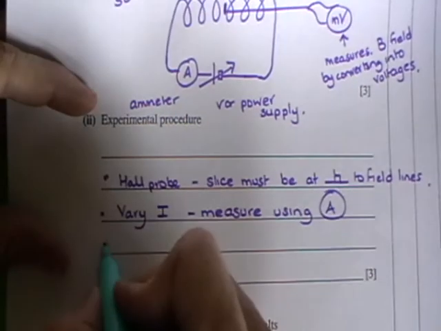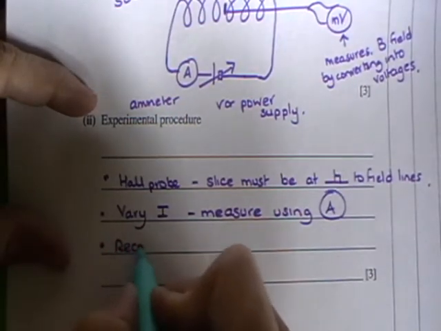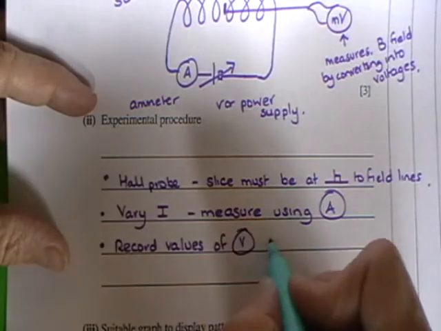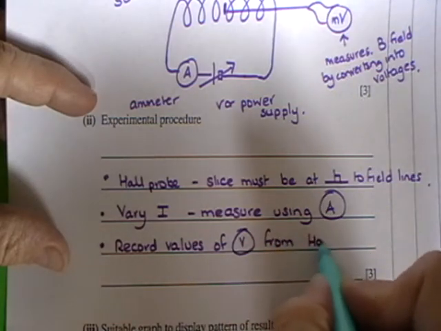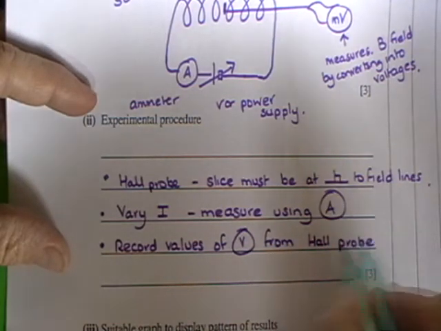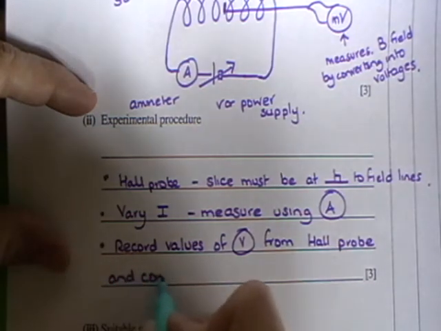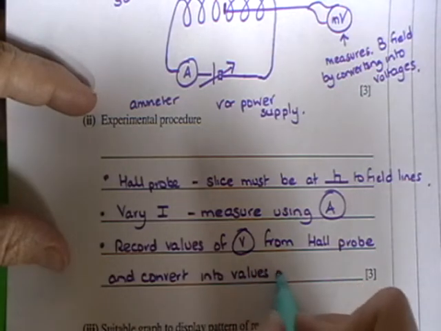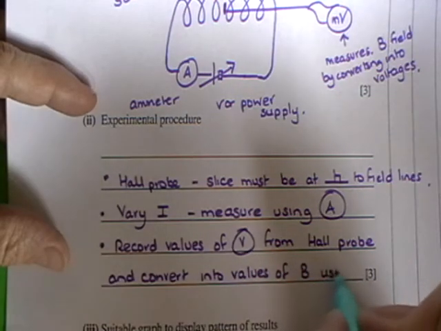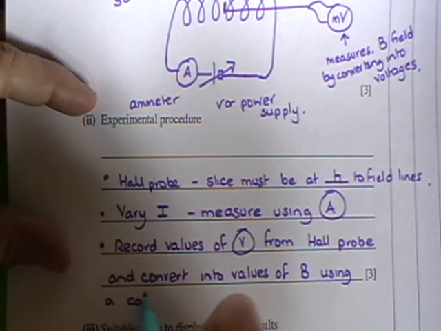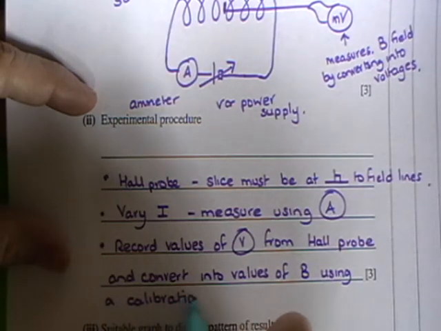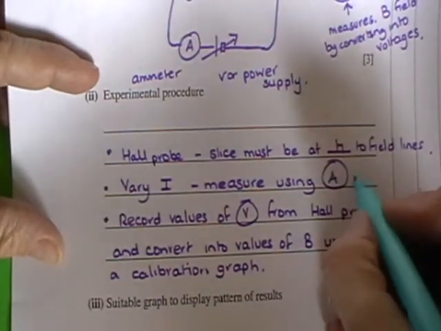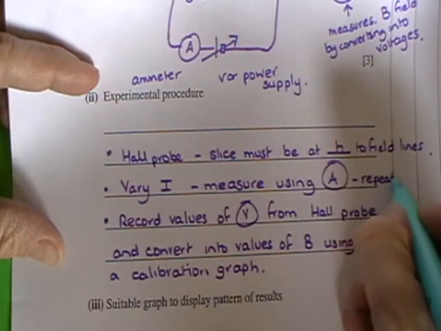Then you record values of voltage from the Hall probe and convert them into values of B using a calibration graph. So vary I, and repeat with different values.